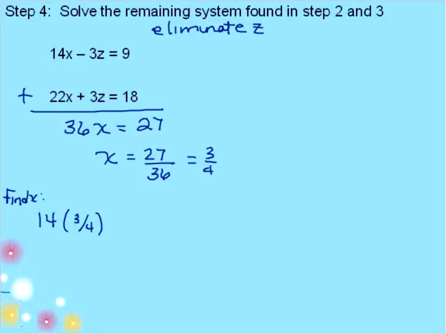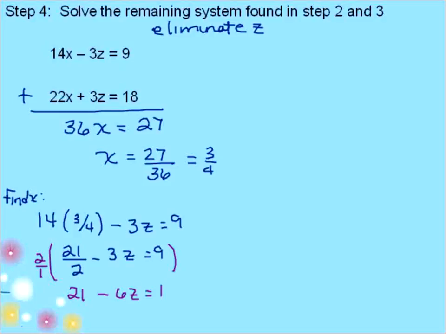So 14 times 3/4 minus 3z equal to 9. 14 times 3/4 is 21 over 2 minus 3z equal to 9. And I'm going to get rid of the fraction. You can do it different ways. I'm going to get rid of the fraction by multiplying the entire equation by 2 over 1, which will give me 21 minus 6z equal to 18.